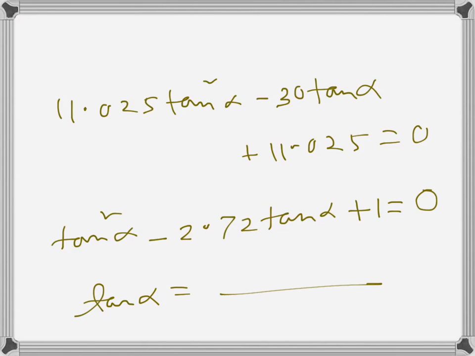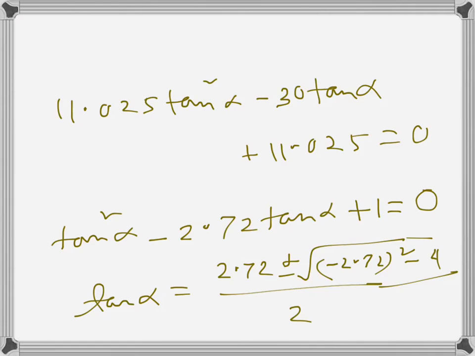will be, of course, minus b over 2a, so 2.72 plus or minus square root of b square minus 4ac, so 2.72 square minus 4ac, which will be minus 4 basically.